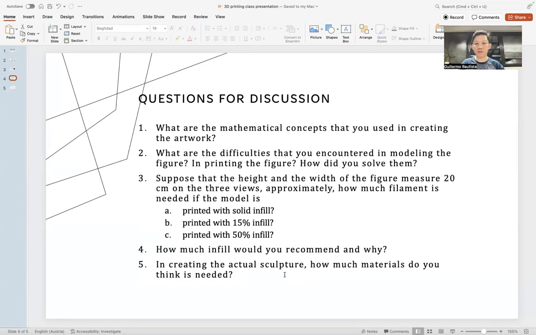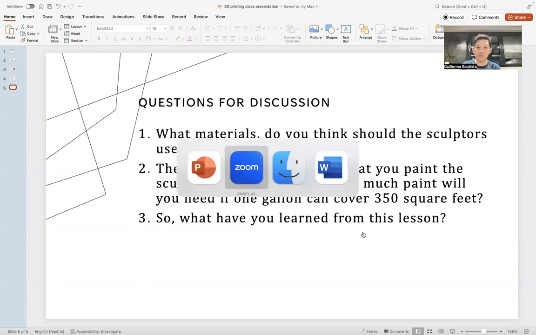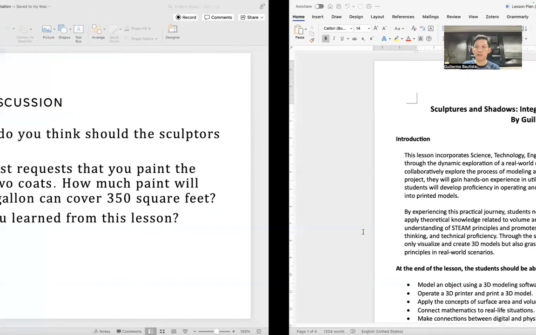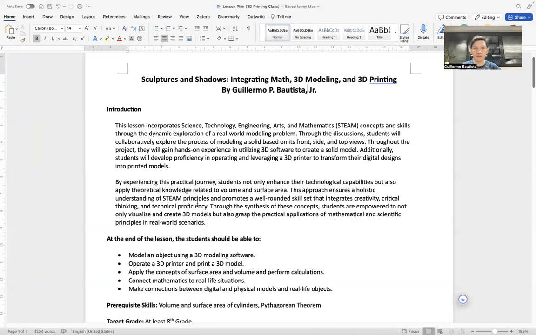And in creating the actual sculpture, how much material do you think is needed? And what have you learned from these lessons? That's the last question. For these questions, I have tried to put the answers, or at least the possible expected answers, in the lesson plan. So this is the lesson plan.